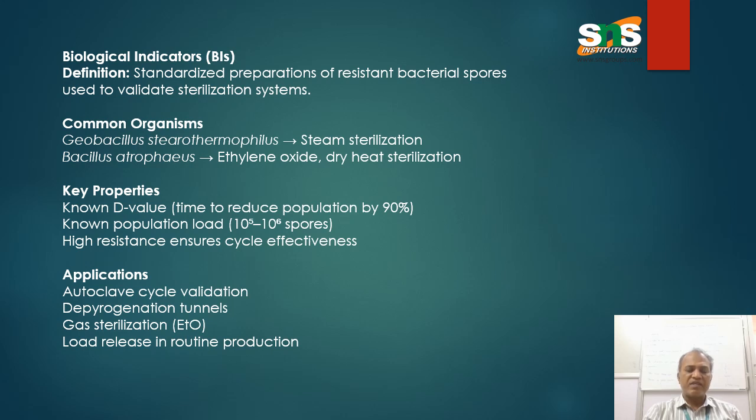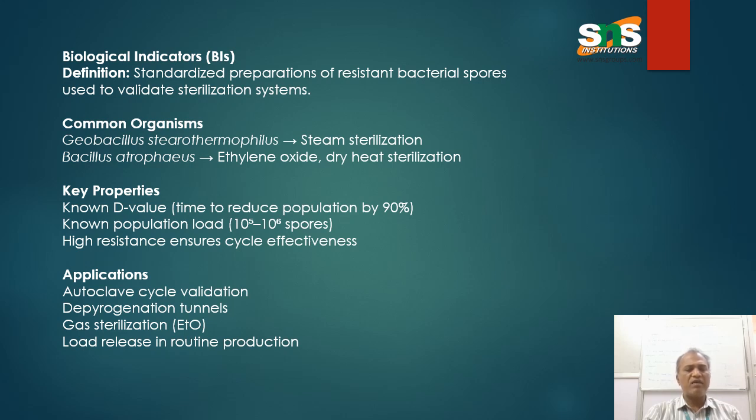They pick such microbes and use them to validate sterilization systems. We know that, compared to other categories, spore-bearing microbes are highly resistant to temperature and pressure. That is the reason we pick those types of microbes as biological indicators.